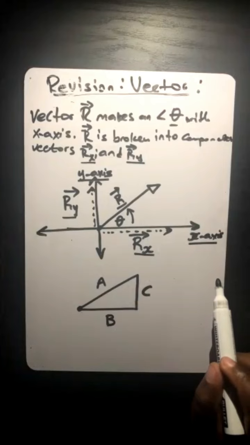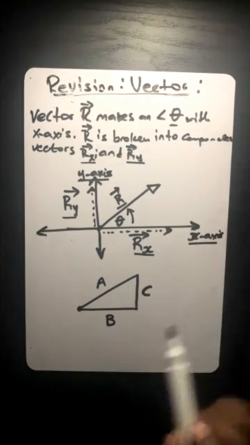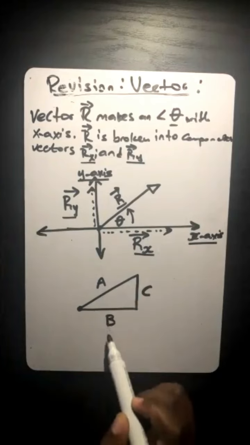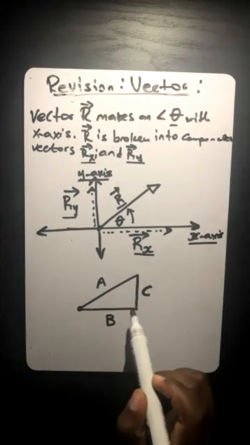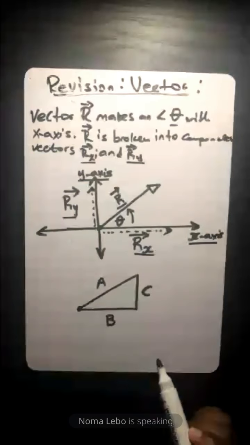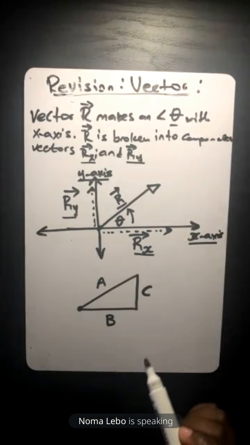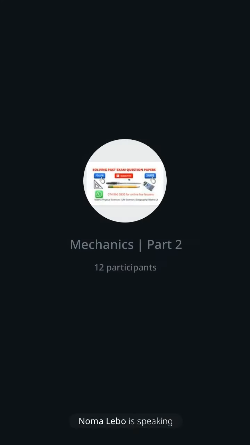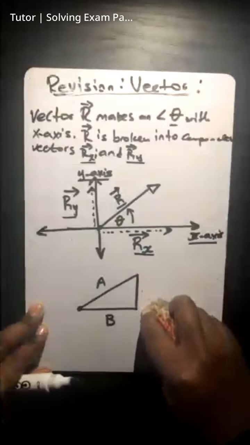Which vector component will be represented by A, which one by B, which one by C on this triangle? B is Rx, C is Ry, A is R. 100%.